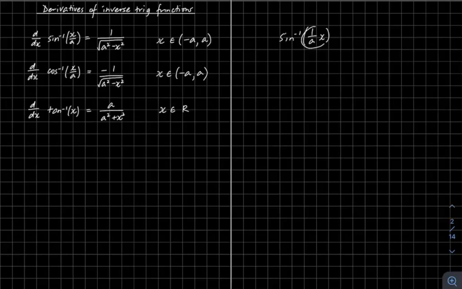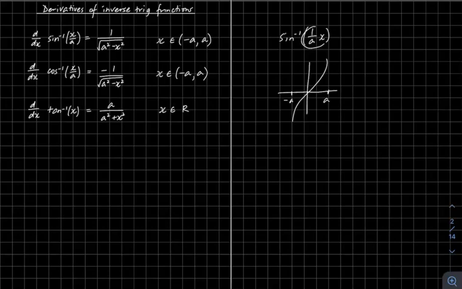So if we were to look at the graph of y equals inverse sine x, what's happened is a horizontal dilation, so that instead of the domain going from negative 1 to 1, it now goes from negative a to a.